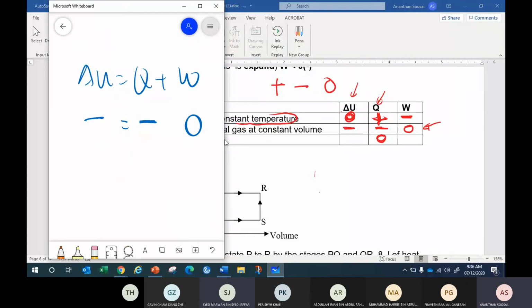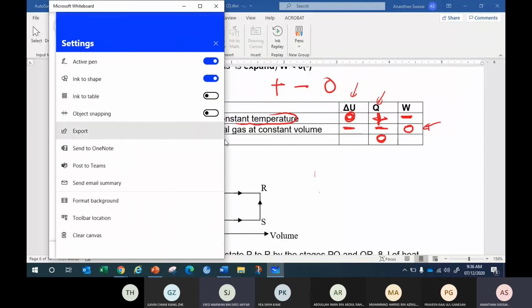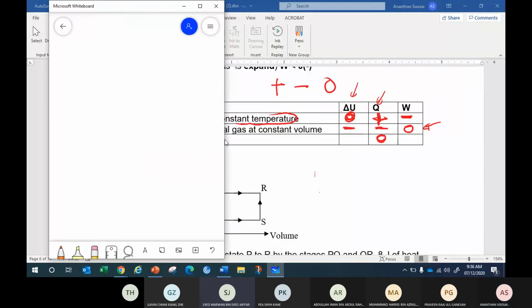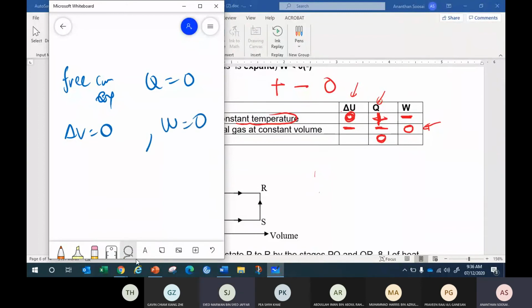Okay, remember, very important. When they say free compression or free expansion, Q is zero. When they say changes in volume is zero, it means work is zero.